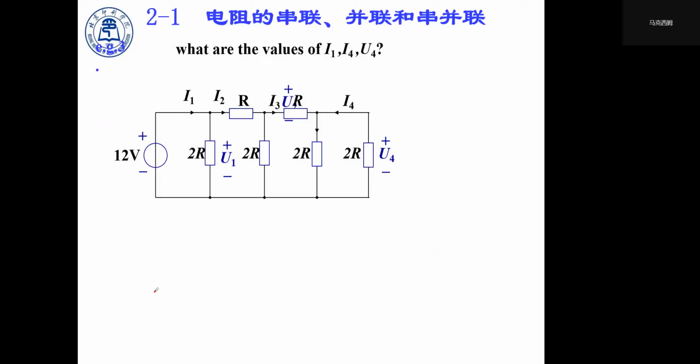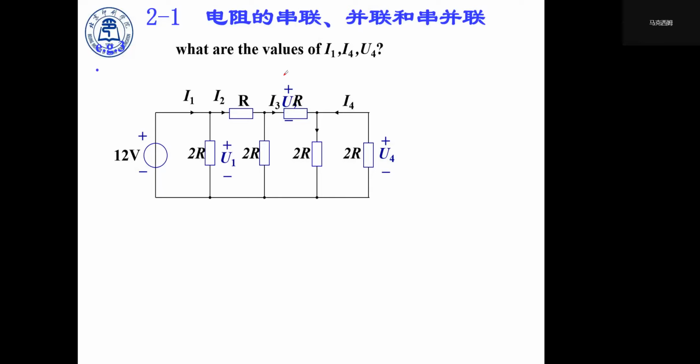That's how it behaves. And we can see another example. If you want to calculate the current in this example, right? How could we calculate the current in this example?